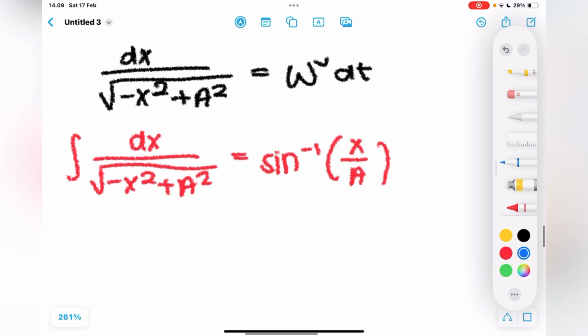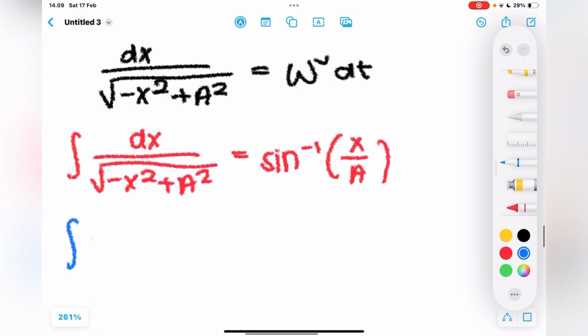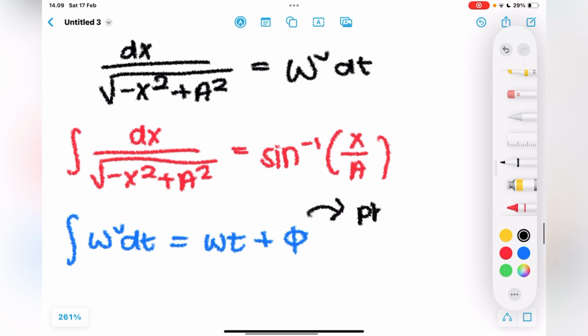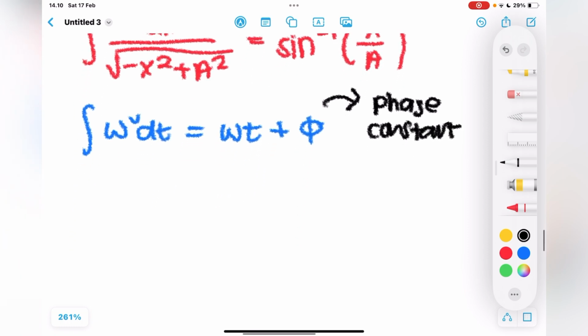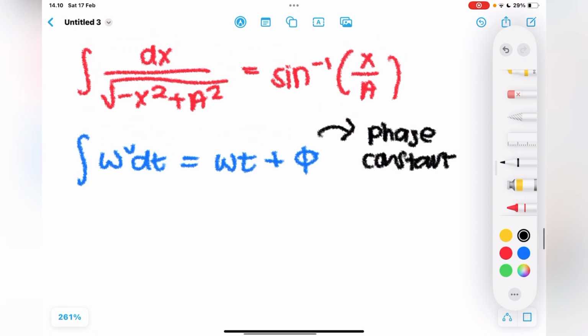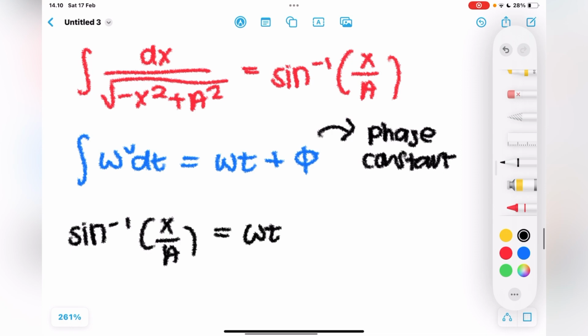And for the other one, the integration of omega dt is equal to omega t plus phi, which is the phase constant. So if we plug this into an equation, sine inverse of x over a is equal to omega t plus phi.